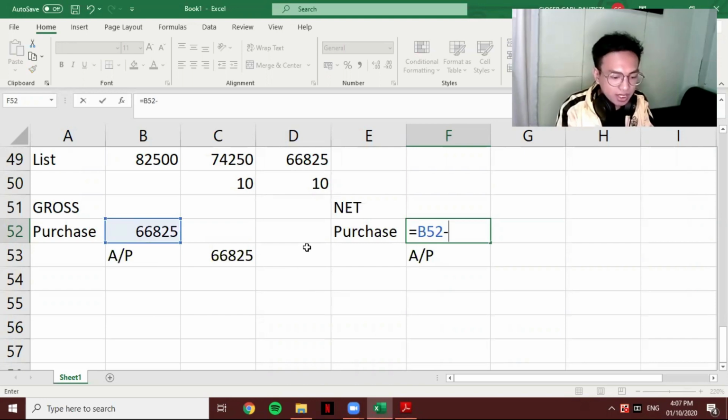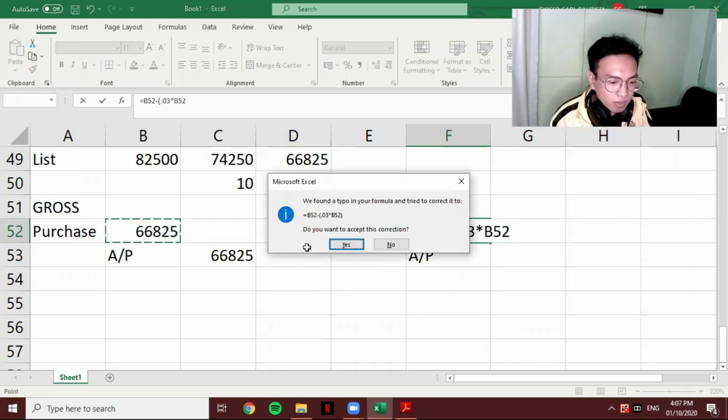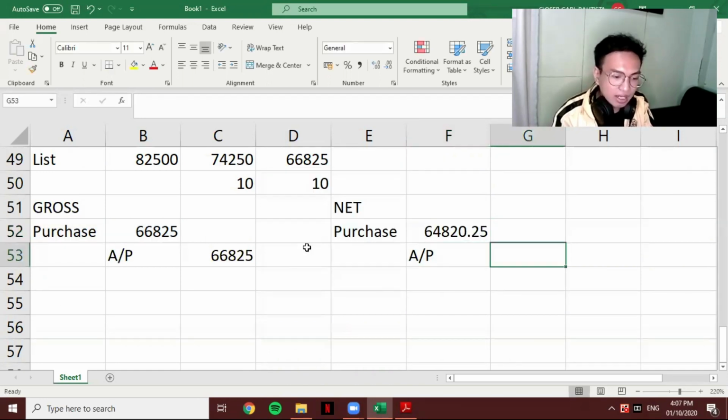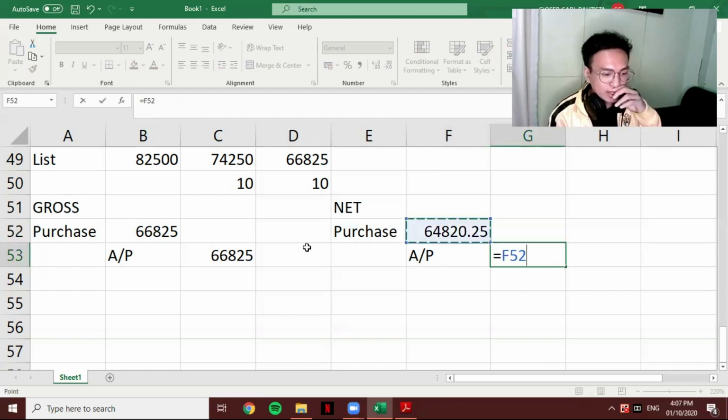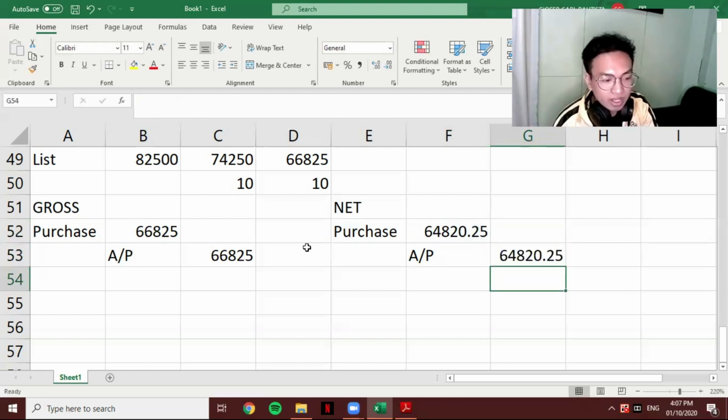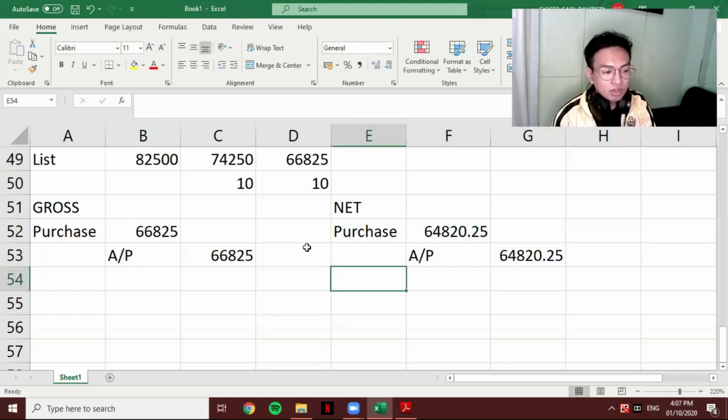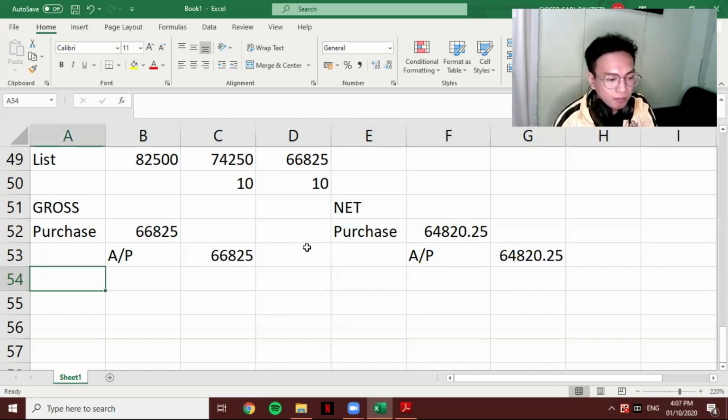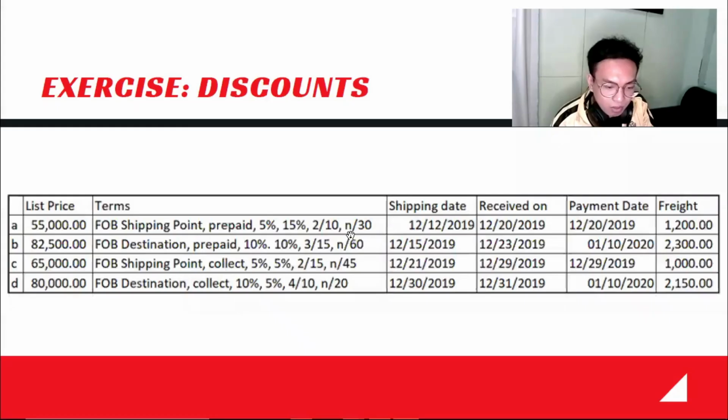That is our purchase. And our purchase on net method ay 64,820.25 lamang. So, let's assume na may discount, no? Or nakuha at tingnan natin kung nakuha ba nila yung discount.